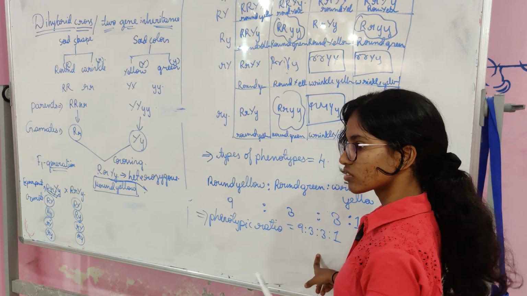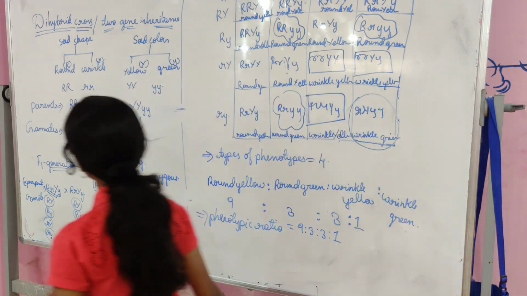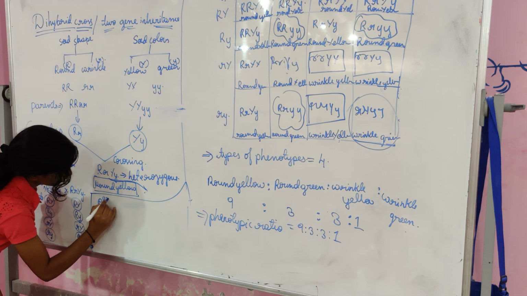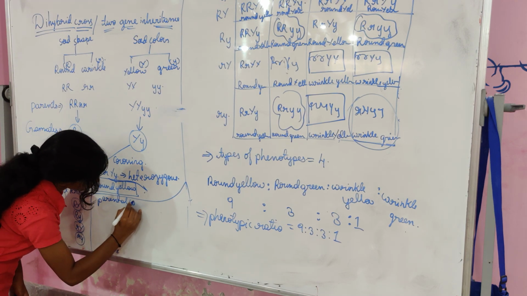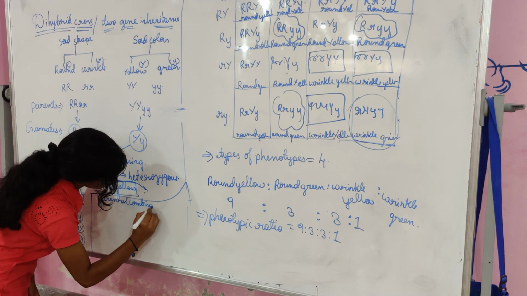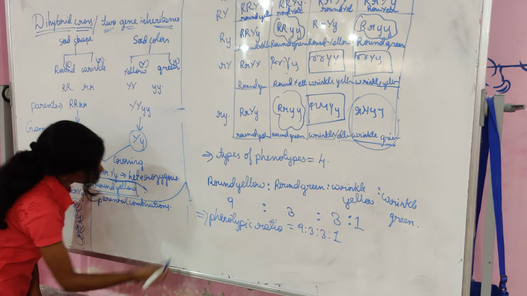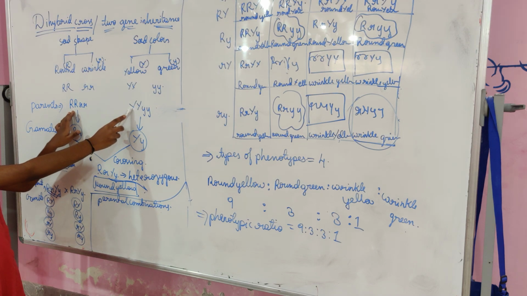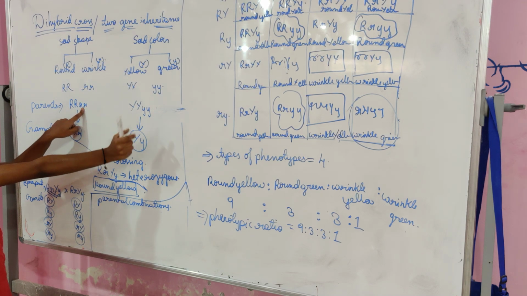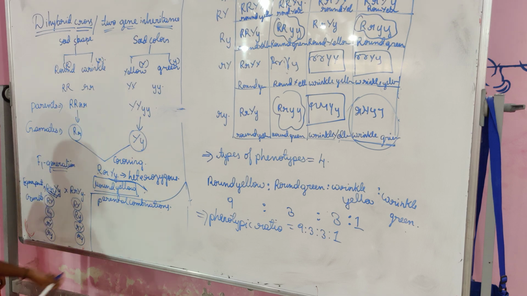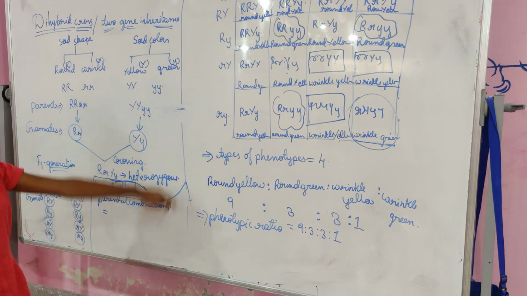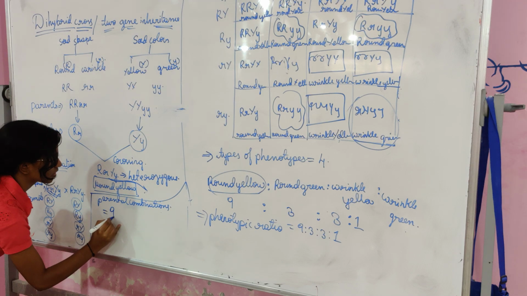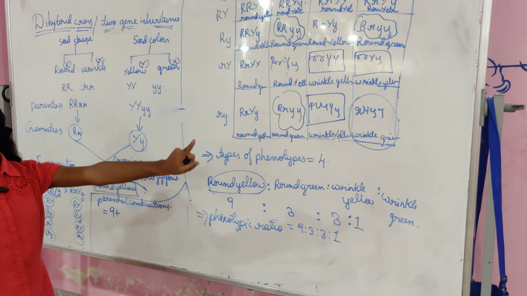You have written this? Okay. So parental combinations. Here if we take, it's round yellow and wrinkled green. So how many round yellow did I get in the phenotype? Round yellow is 9, plus wrinkled green is only 1.